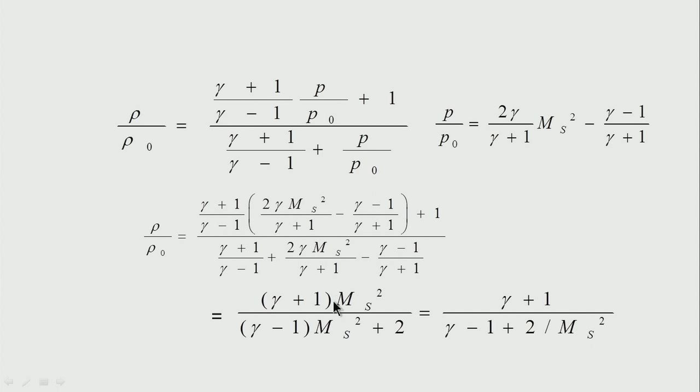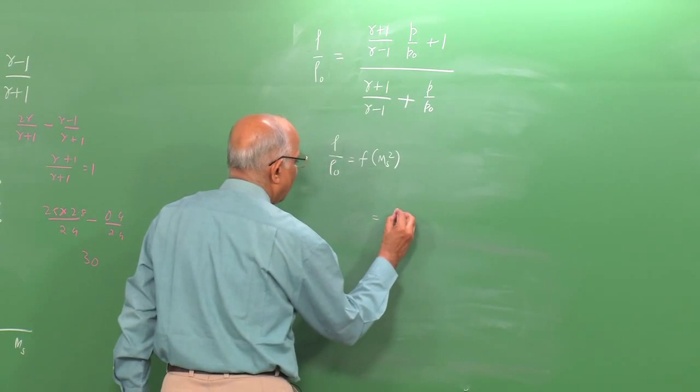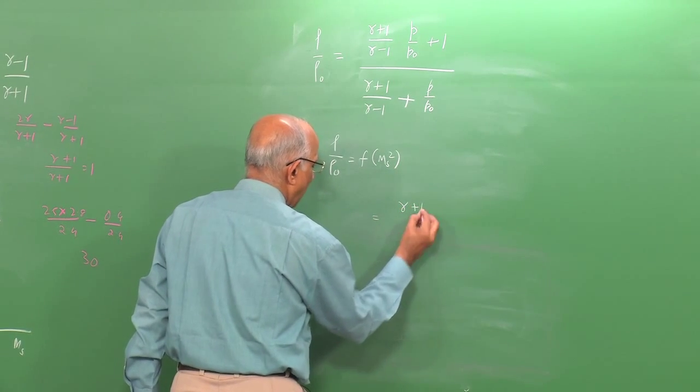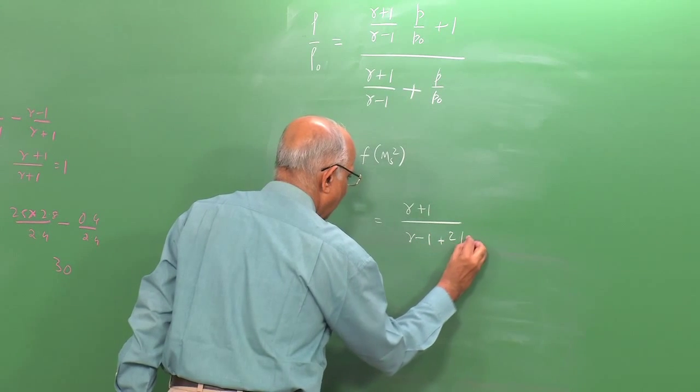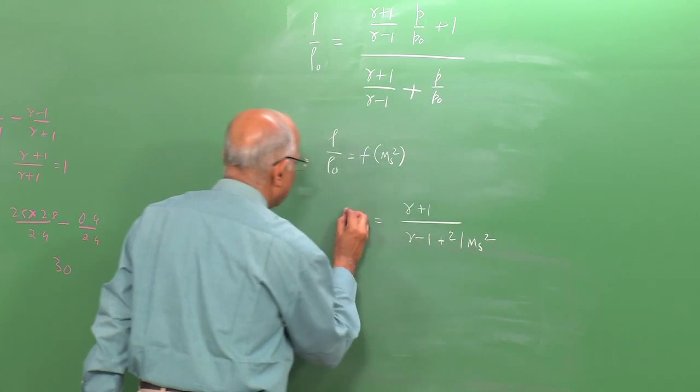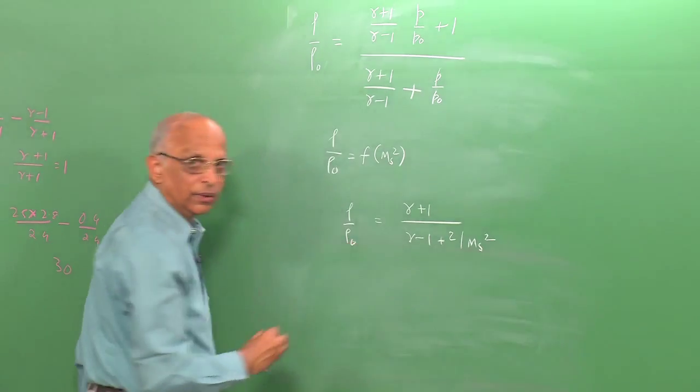I divide both the numerator and denominator by Ms square, and I get rho by rho 0 is equal to gamma plus 1 divided by gamma minus 1 plus 2 over Ms square. Therefore, let me put down this final result on the board. What is it I get? I get the value as gamma plus 1 divided by gamma minus 1 plus 2 divided by Ms square, which is the value of rho by rho 0.